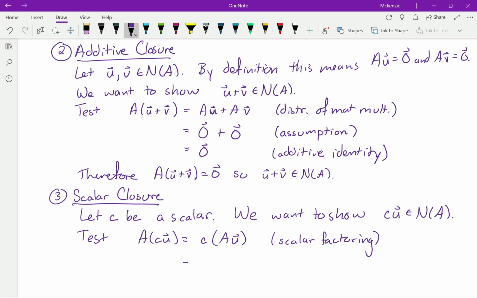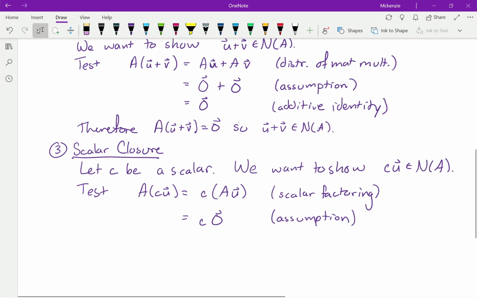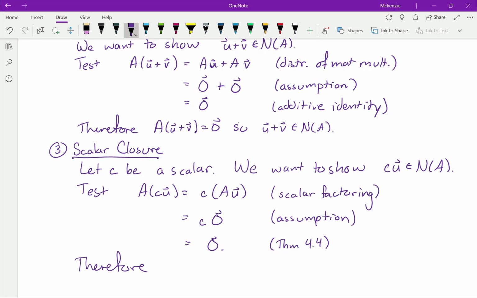All right, and that's c times the zero vector by assumption. And when we scale the zero vector, we get the zero vector. So actually we could even say that that's theorem 4.4. Right. So therefore, we conclude A times cu equals the zero vector, so cu is in the null space.